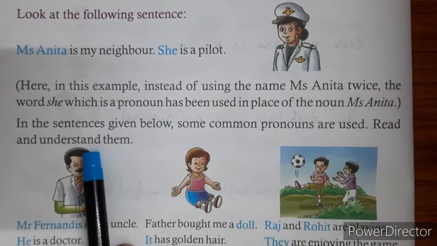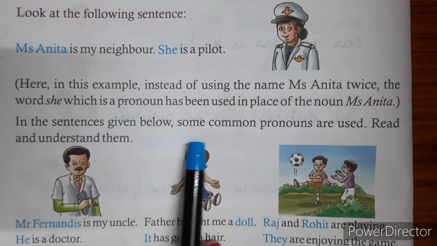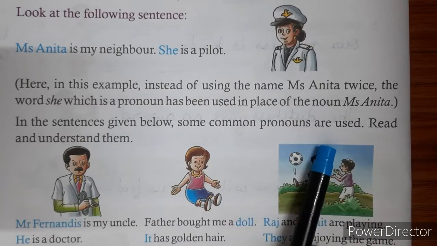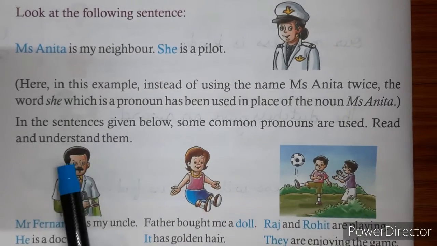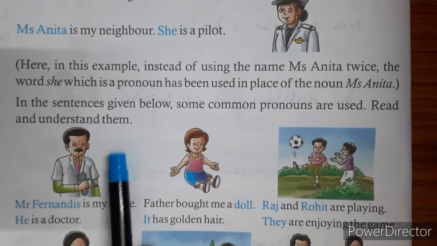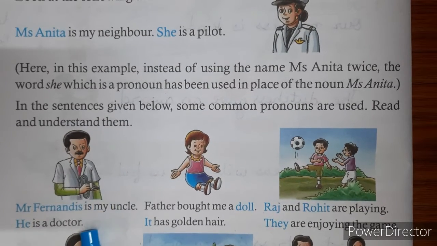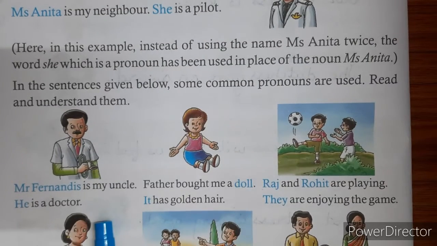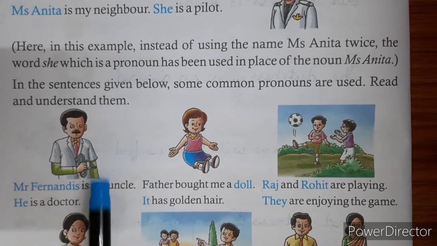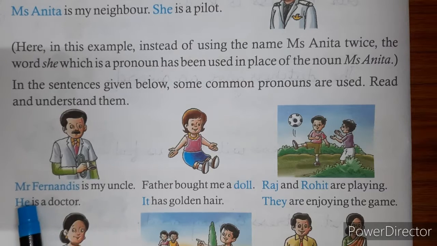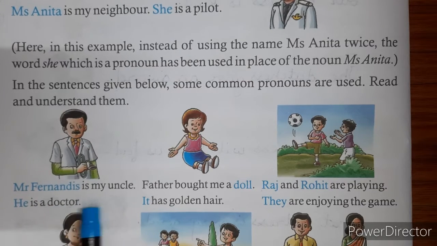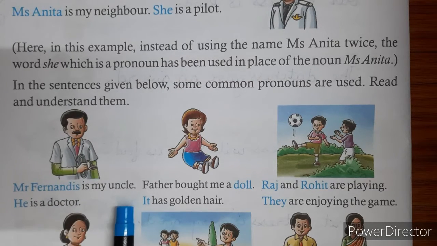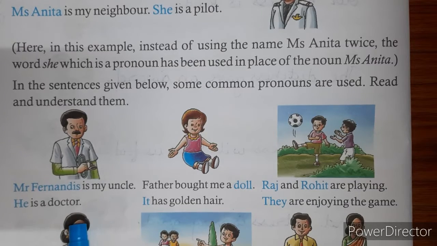Now, in the sentences given below, some common pronouns are used. Read and understand them. We have some sentences with the pictures and we have used pronouns. So let's look at the first picture of this gentleman. Mr. Fernandez is my uncle. He is a doctor.